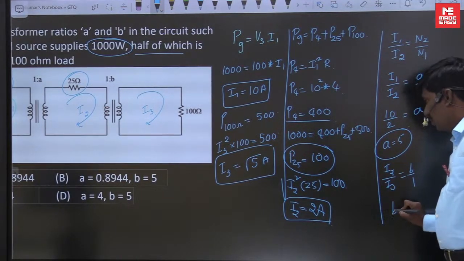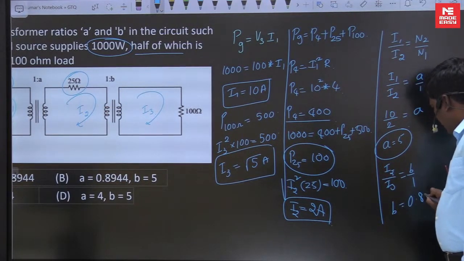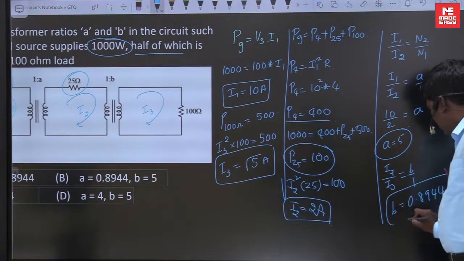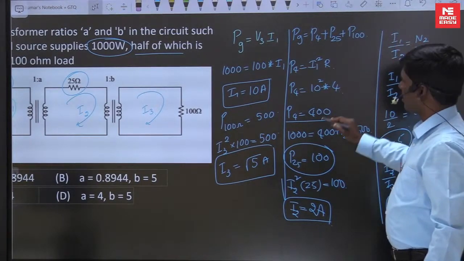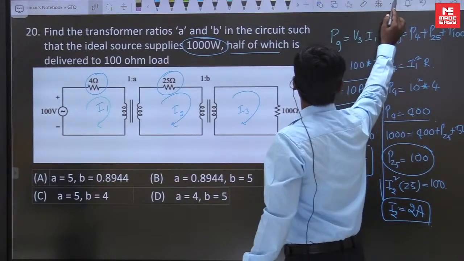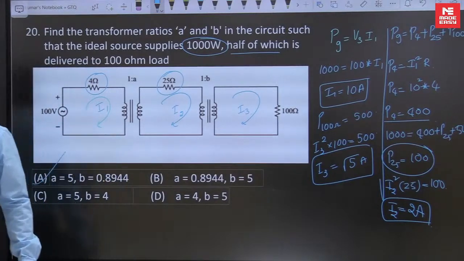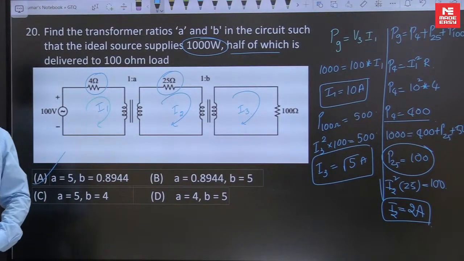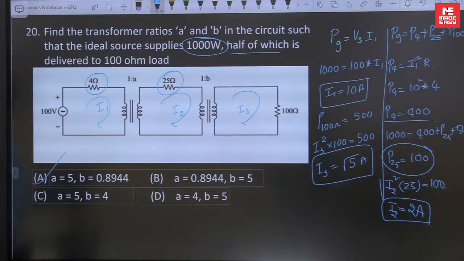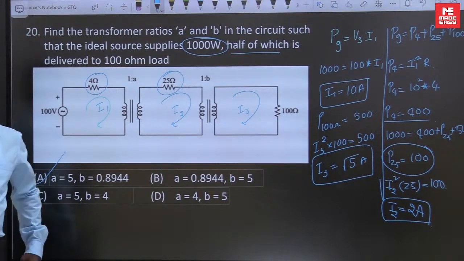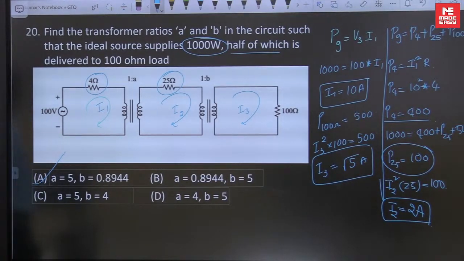Substitute, and you get B is equal to 0.8944. So what is the option? Option A is the answer. A is equal to 5, B is equal to 0.8944. Very good. Punish Sharma, Paramesh Banni, Astos Adhav, Ahan Basu, Mitesh Prakash, Utkar Sinha have also given correct answers.